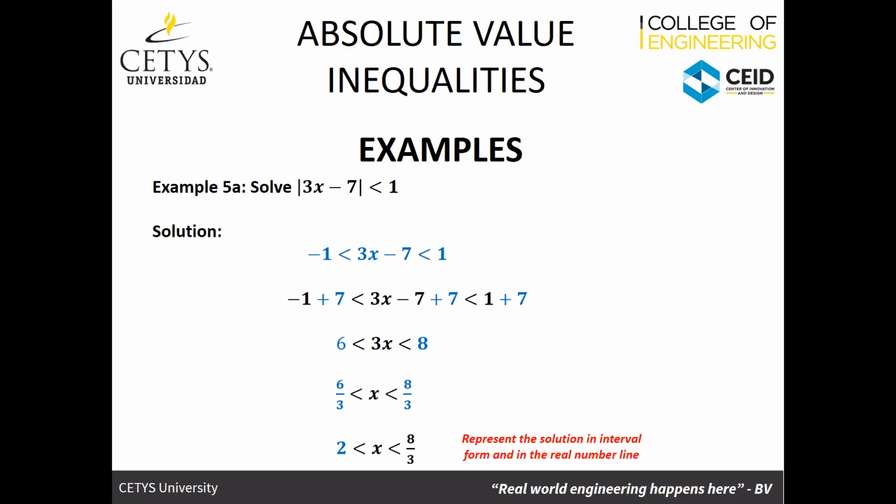So what we're actually doing here is taking the inequality, and since it's less than, the expression is going to be here in the middle, and it's going to be greater than -1 and less than 1.